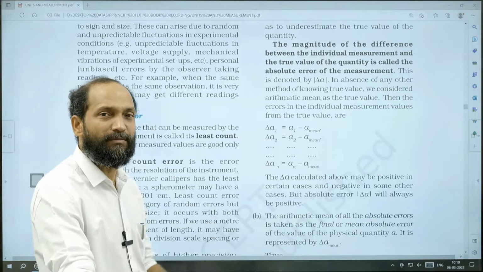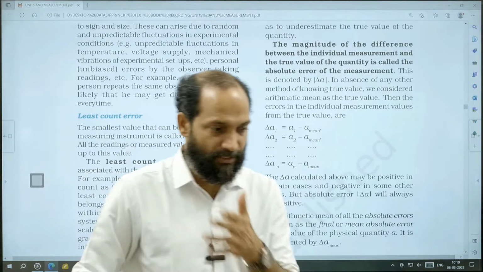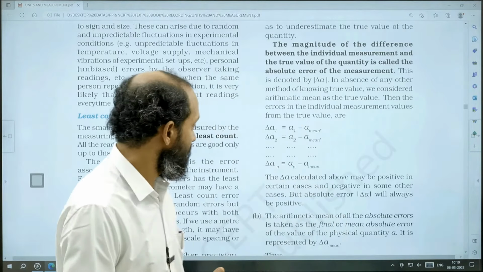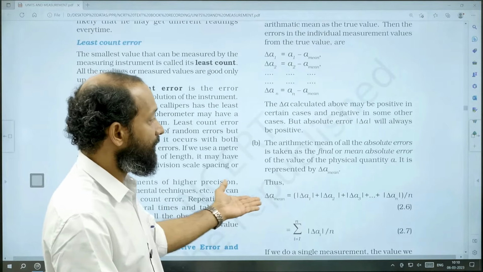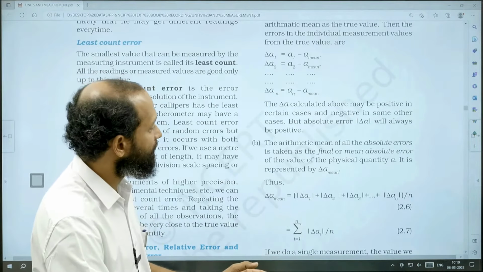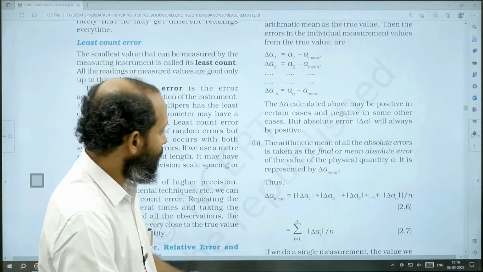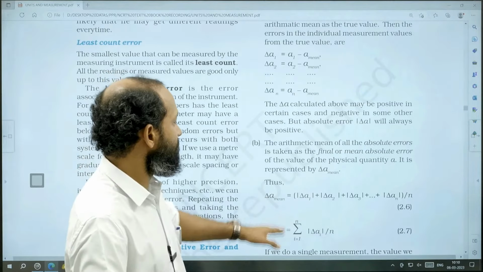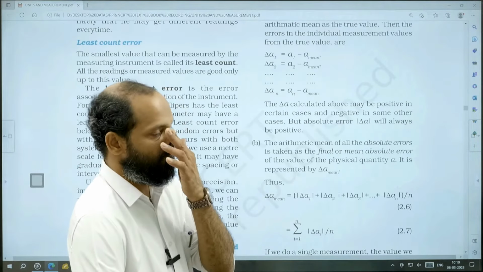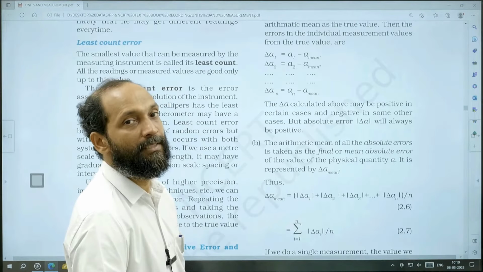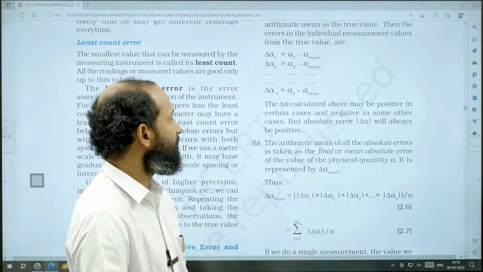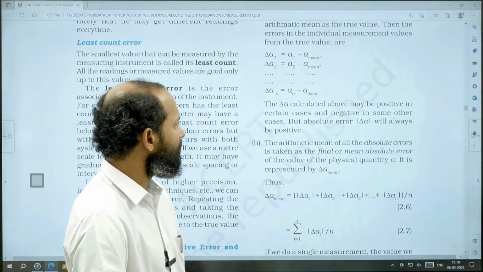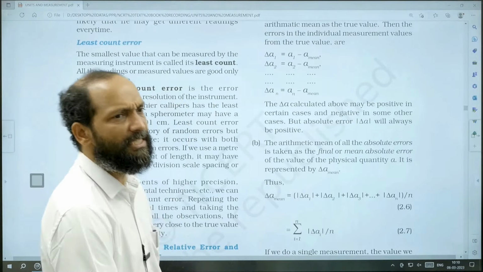Then we have to take the modulus of all these deviations. Then take the arithmetic mean of the moduli of all these deviations, called delta A mean. That is called the mean absolute error. So mean absolute error is the arithmetic mean of all the moduli of deviations.